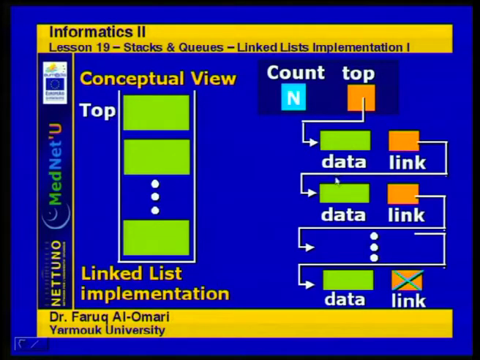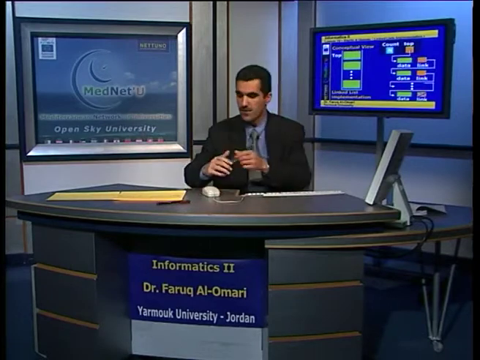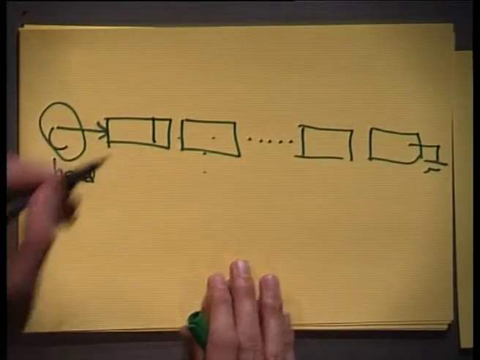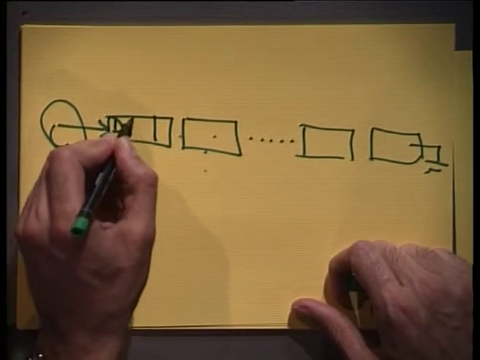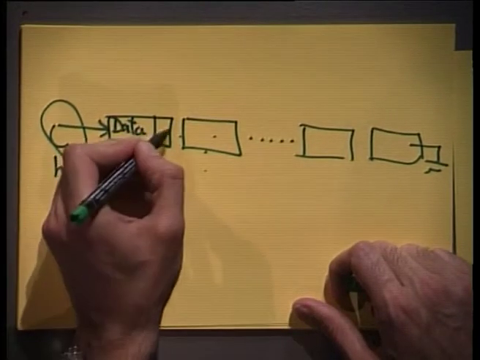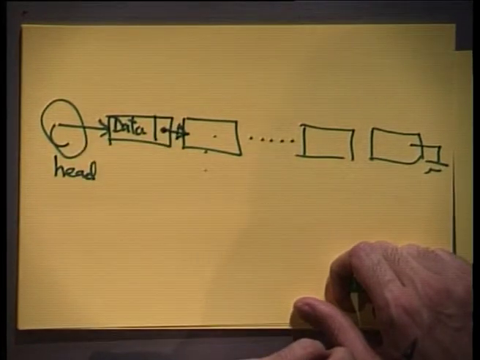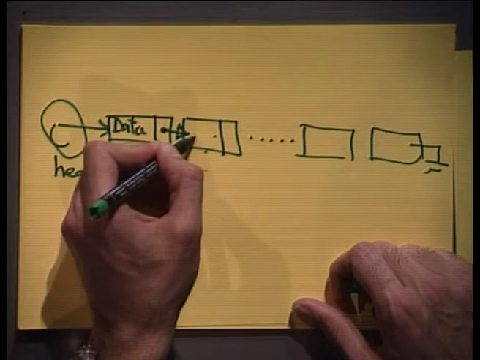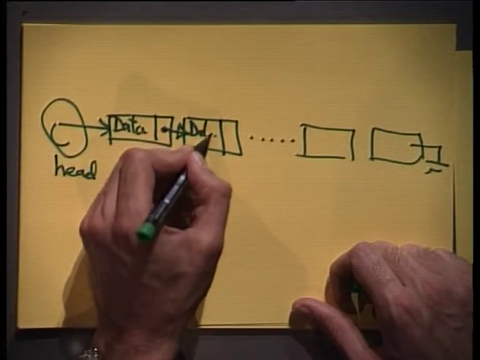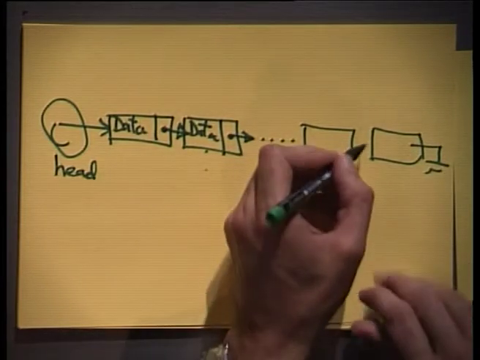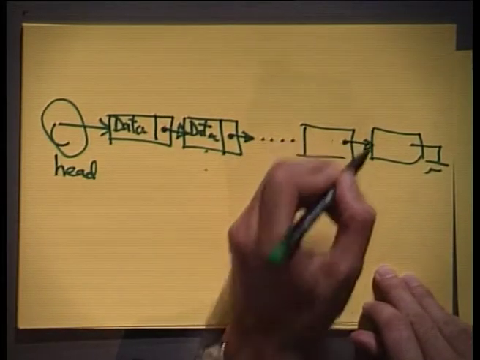And these are consecutive nodes in my list. This is the top of the stack, and it refers to this block. In here, I have my data, so the data goes here. And in here, I have a link that points to the next node in the list. Again, this is another node. I have data in here, and a link that points to the next, and so forth, till I get to the very last one down here.